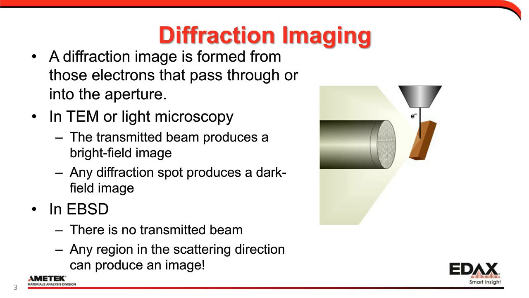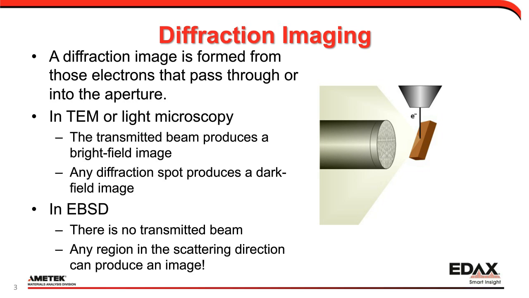A dark field image is produced by placing an aperture around the diffracted beam and excluding the transmitted beam and all other diffracted beams. In EBSD, there is no transmitted beam, and the diffraction is not spots but bands, but the same ideas apply. Furthermore, since there is significant intensity at all angles, most aperture locations can produce images.